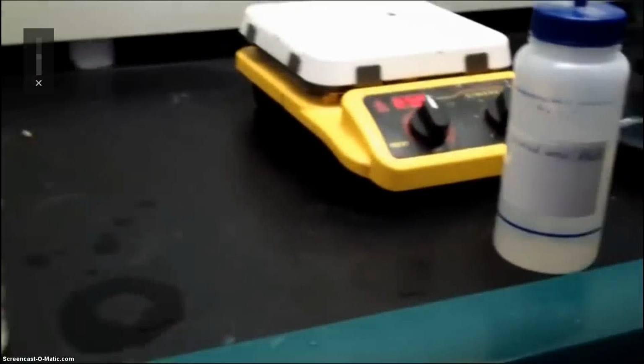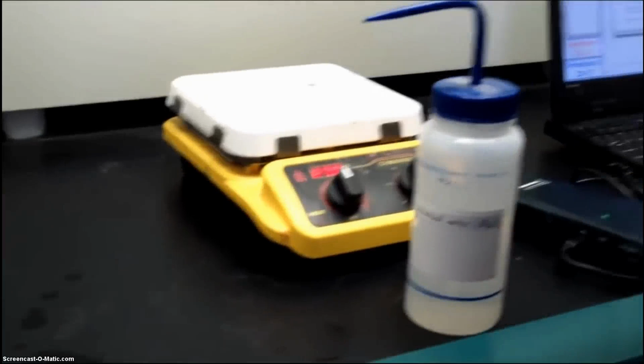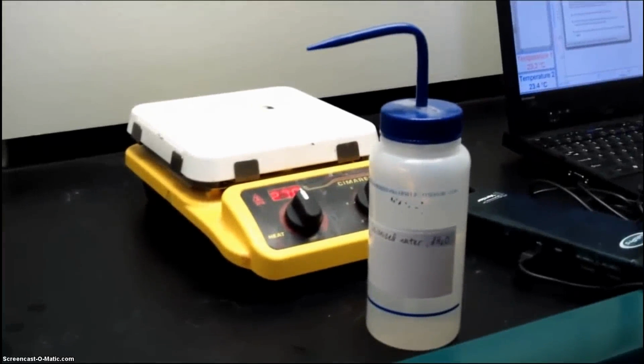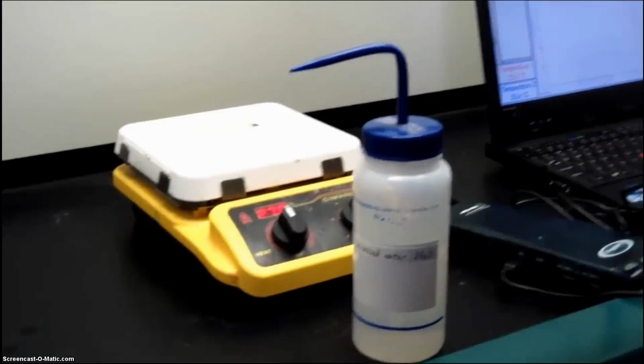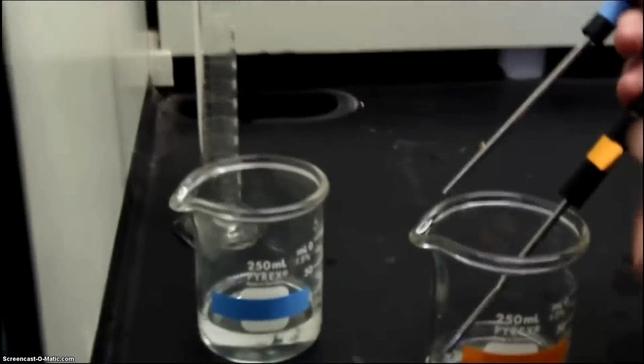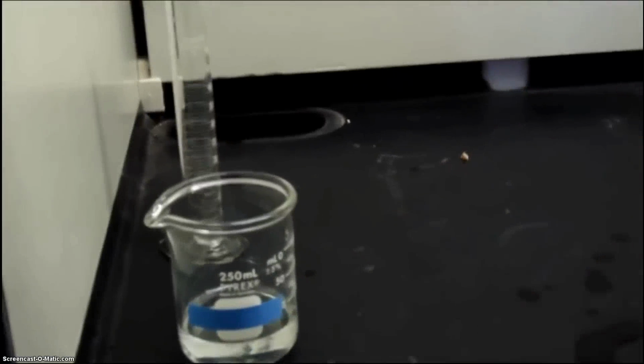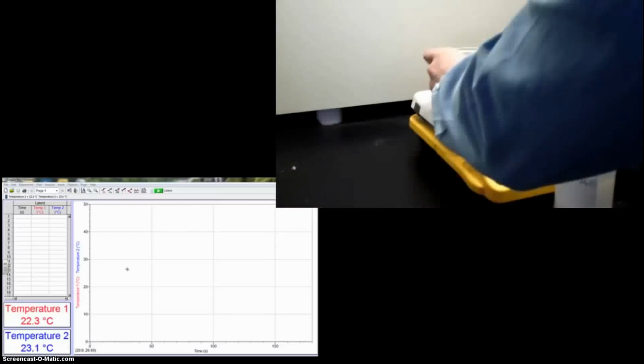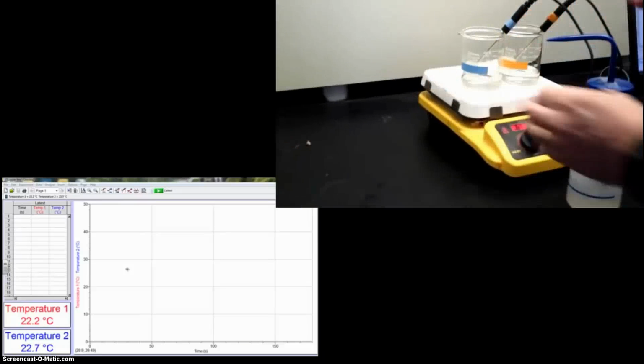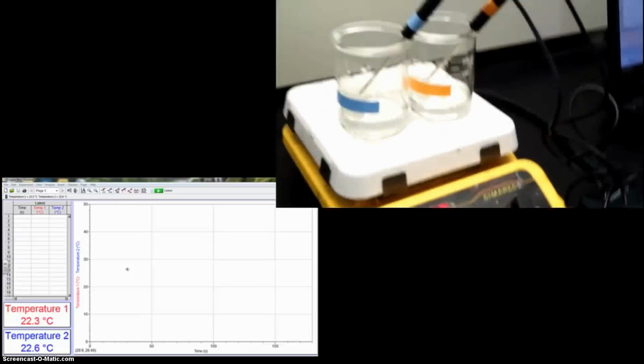You see the 2 different beakers. They're going to get temperature probes added to them, and they're going to get placed onto the heater. Now we see in the bottom left corner the temperatures of each one.